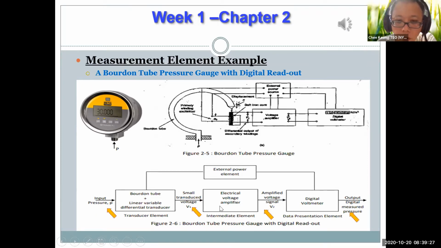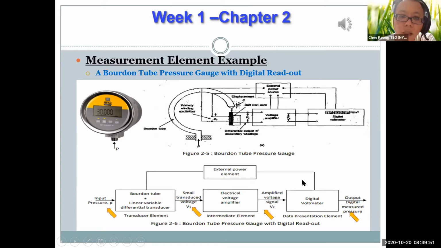Then the intermediate modifying element is amplifying, making the voltage signal larger. And then the data presenting element is converting it from analog voltage into a digital representation, where you can see the digital display. And of course, all of them are supplied by an external supply here. So this is maybe the electrical wiring, how it's being wired, and this is the block diagram.